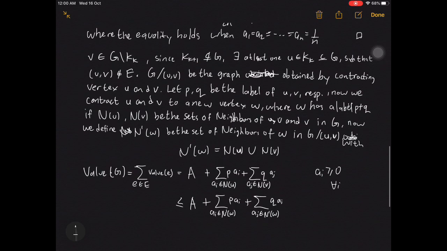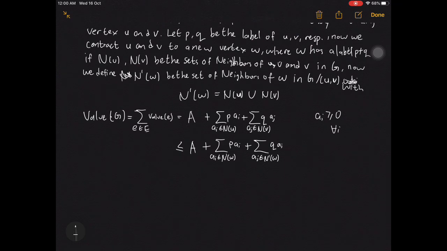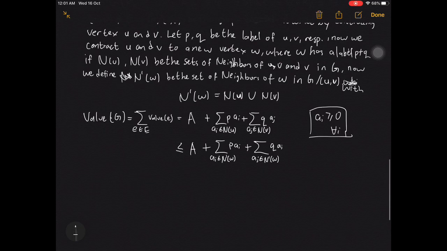This is just an immediate implication of this. So now we have A plus the sum over ai in N prime of W of P plus Q times ai. This P plus Q is actually the label of W.